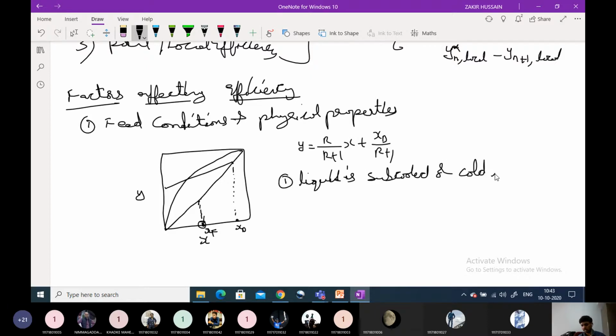Feed is our cold liquid. Then our feed line is given as y equals minus q by 1 minus q x plus xf by 1 minus q. This is our feed line equation or q line equation. Using this slope or intercept, we can draw that feed line.